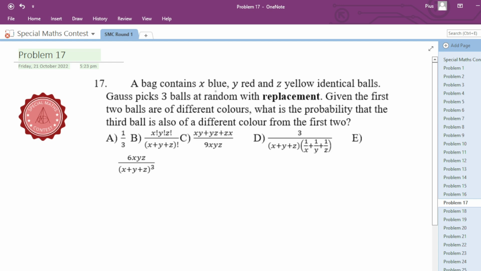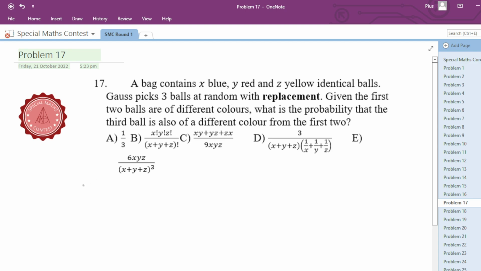We have X blue, Y red, and Z yellow identical balls. So in total we have X plus Y plus Z balls. We're going to take the balls as individual distinct balls, so that we can easily compute the sample space and every ball will be equally likely to be chosen.